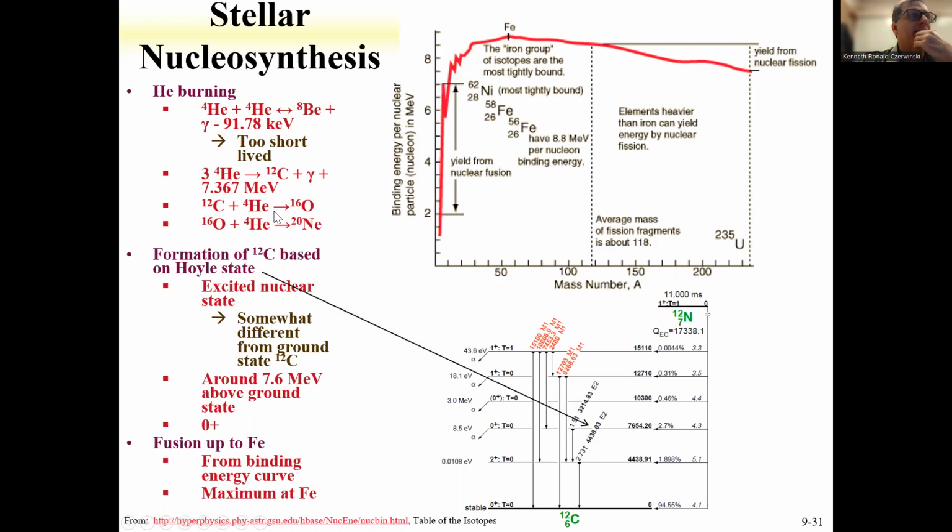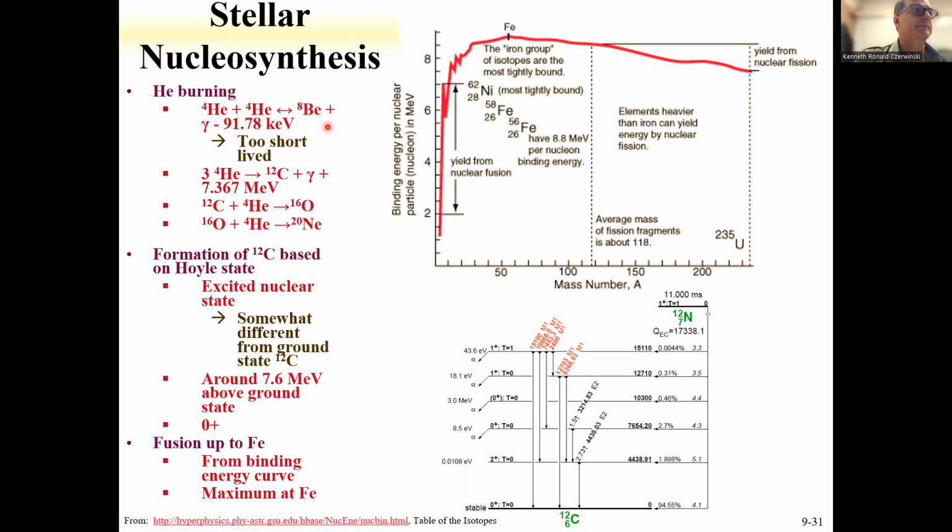One thing I do want to point out, carbon-12 is kind of interesting because I've got helium. I should be able to get beryllium-8, and then beryllium-8 plus another helium will give me carbon-12.